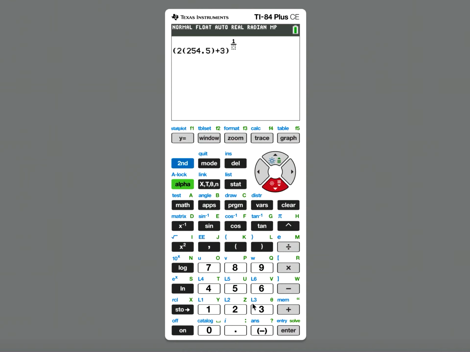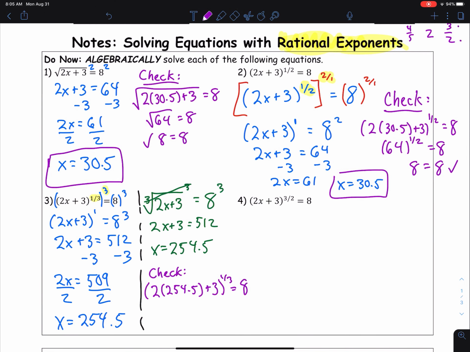I'm writing it exactly how I see it on the page, and then press enter, and what should we get if it is a correct answer? We should get what we said was equal to, which was 8. Press enter, it's equal to 8. This is a solution, so we can circle it. And that is a solution.